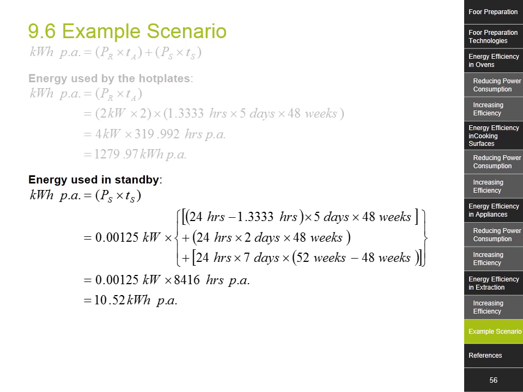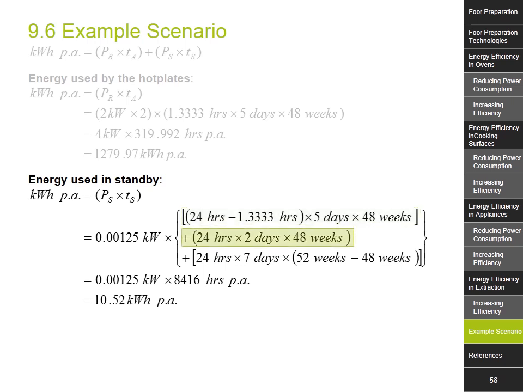To calculate energy use in standby mode, we enter the rated standby power 0.00125 kilowatts multiplied by the total hours of annual standby, calculated in 3 separate parts. The first calculates the standby used for the remainder of the day when the office is occupied, subtracting the active hours from 24 hours.